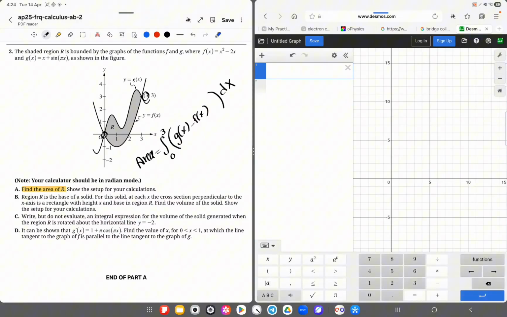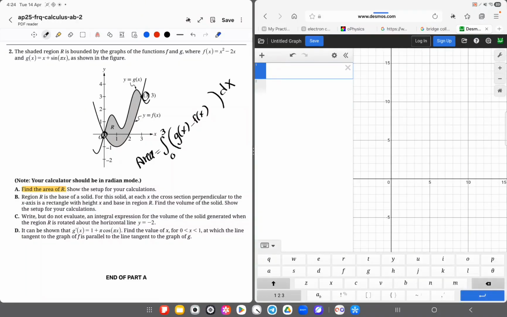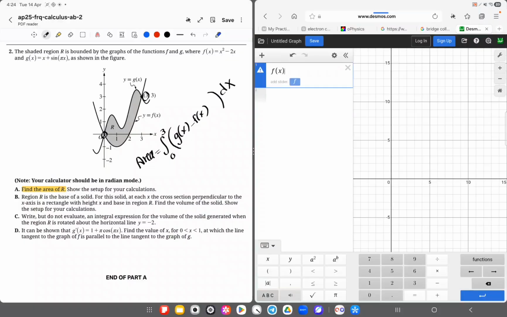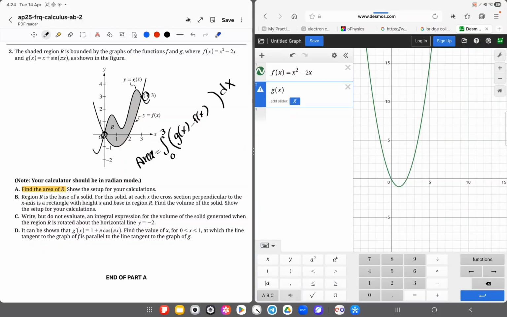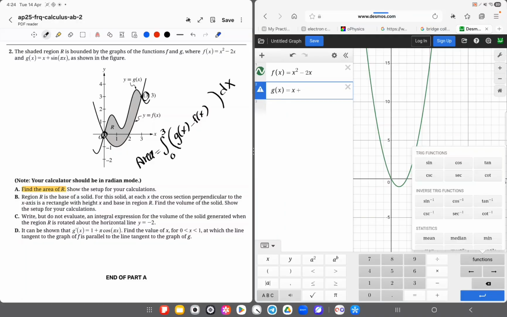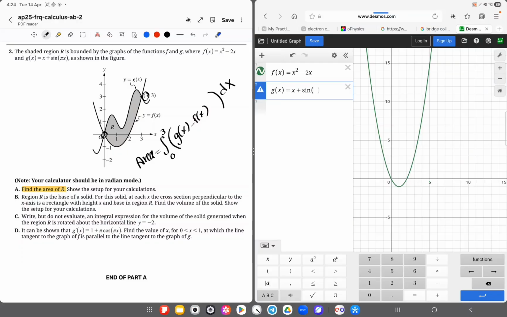So now, in here, I recommend that you actually write f of x, and you write the function x squared minus 2x, and here you want to write g of x is equal to x plus sine pi x.